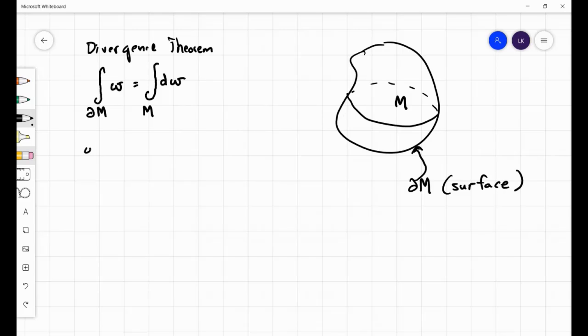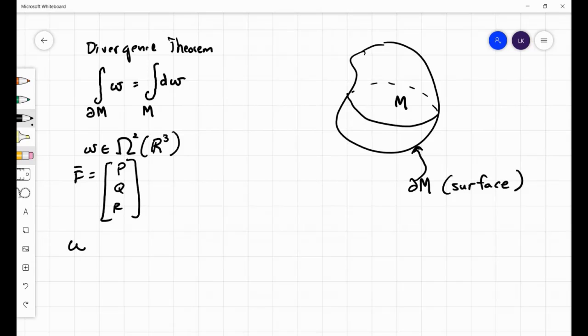Okay, so turns out that this differential form here is going to be a 2-form on R3. If you have a vector field F with 3 components, the corresponding 2-form would correspond to something where you get a flux integral.